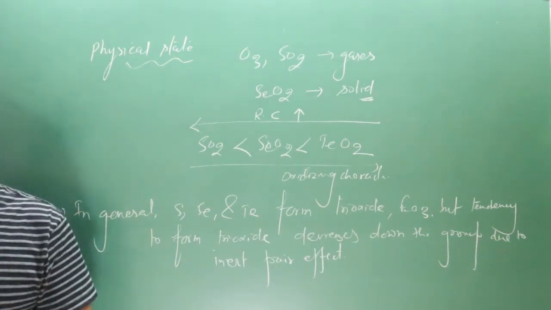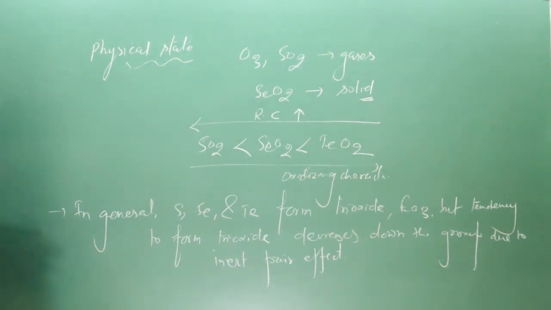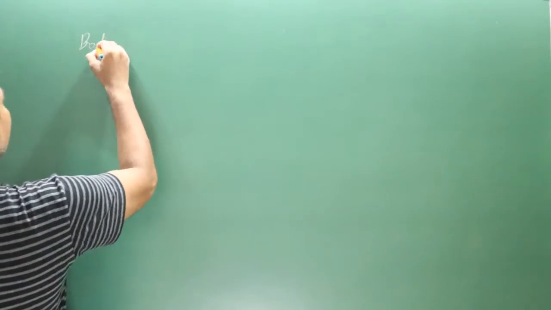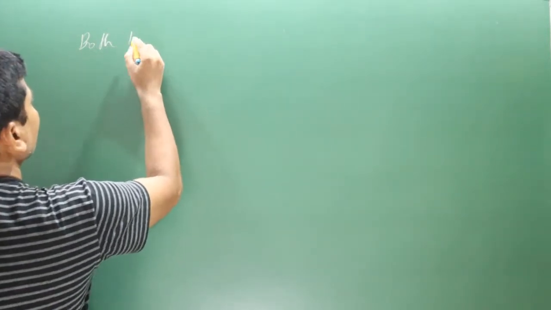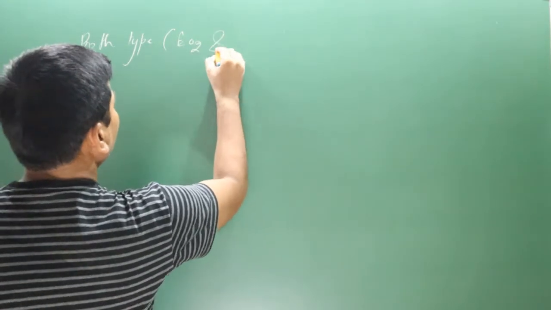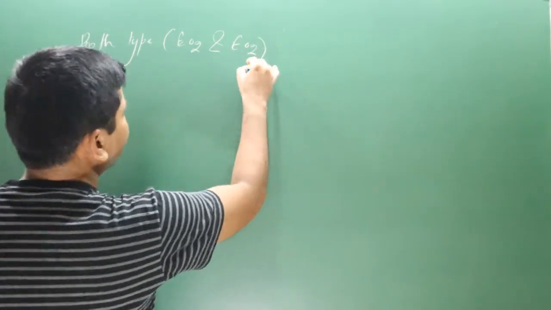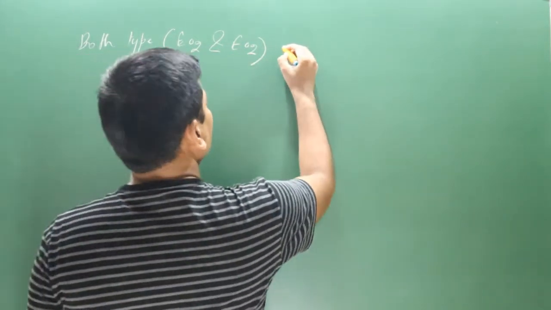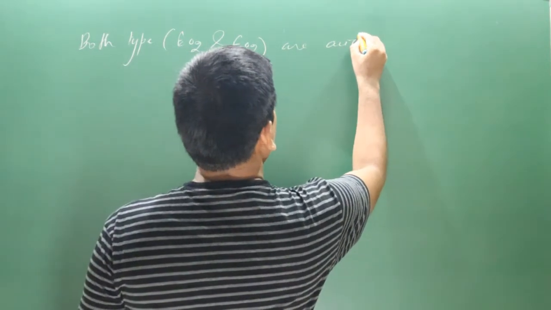Let's move on to the next property of these oxides. Next we have the acidic character of oxides. Both types, dioxide as well as trioxide, are acidic in nature.